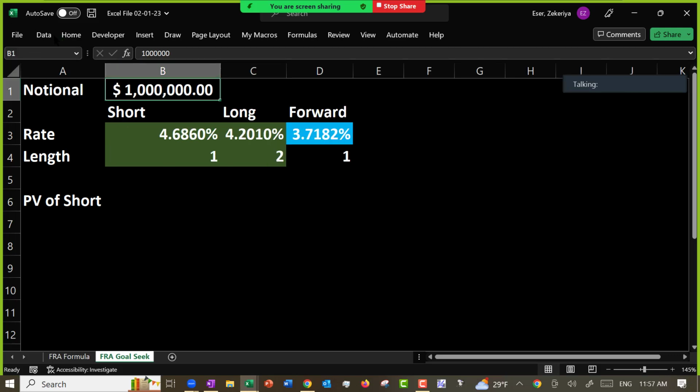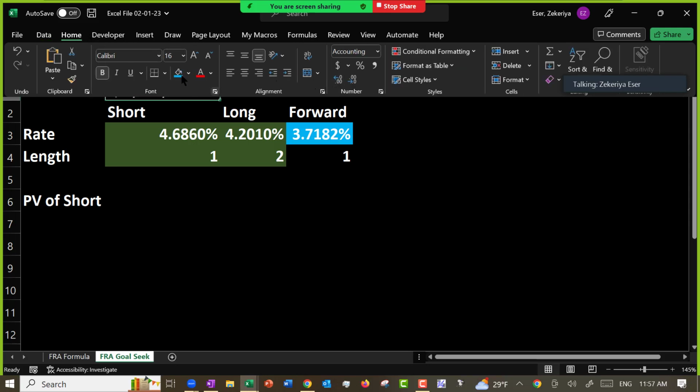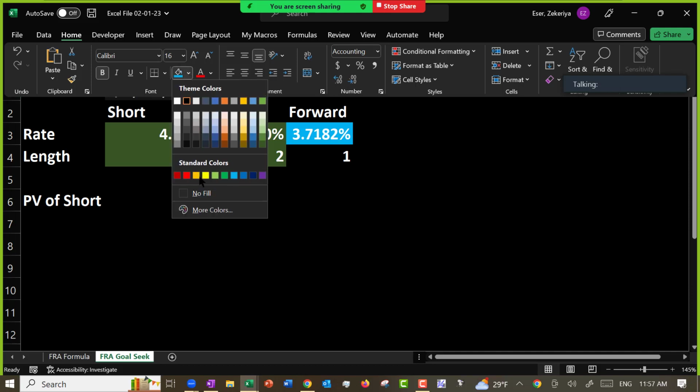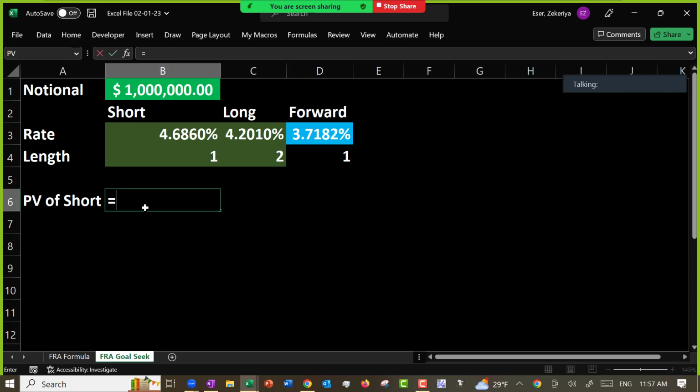So I'm going to do this using the so-called notional amount. So $1 million divided by 1 plus short rate, raised to the power length. We already knew that answer.